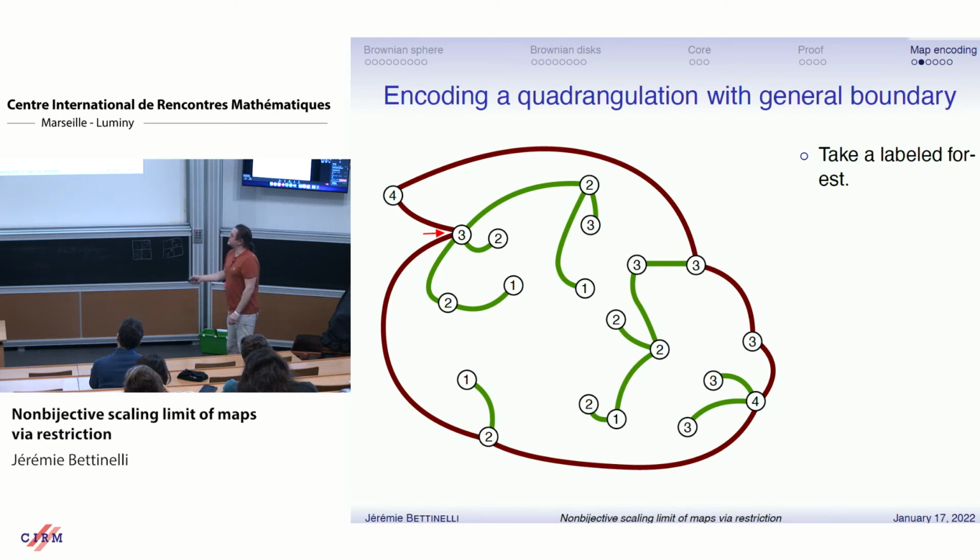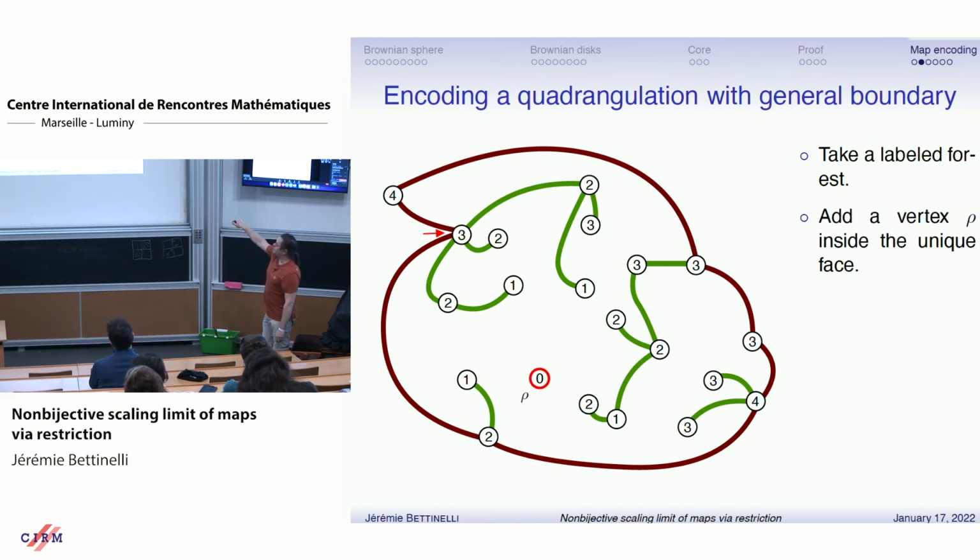And the bijection goes like this. Oh, I didn't say also that all the labels are positive, and the smallest one is 1. You add a vertex with the label 0 in there, and then you go around your forest, and you add a new edge between each corner you are visiting.